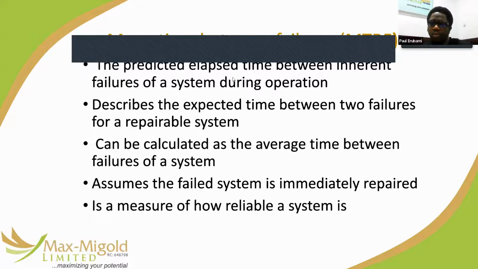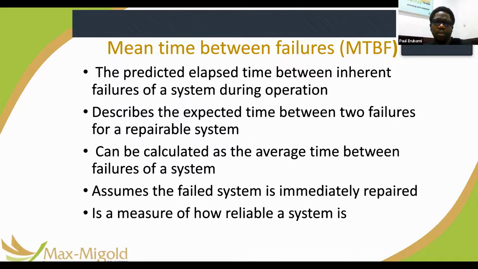And one of the key data you get from the records that you keep is your mean time between failures. The predicted elapsed time between inherent failures of a system during operation. It describes the expected time between two failures for a repairable system, and can be calculated as the average time between failures of a system. So basically, if you have an equipment that failed 15 times last year, 15 times divided by 12 or 15 times divided by 365 becomes your mean time between failure.